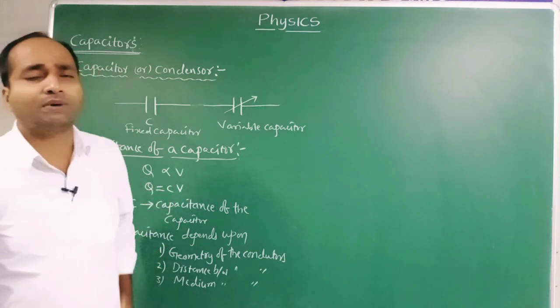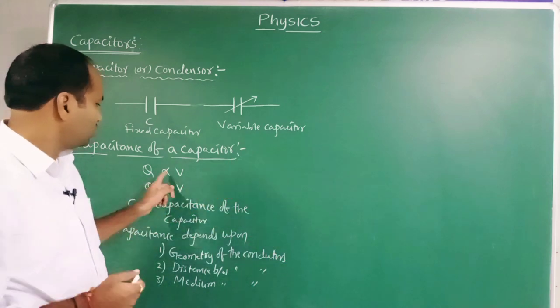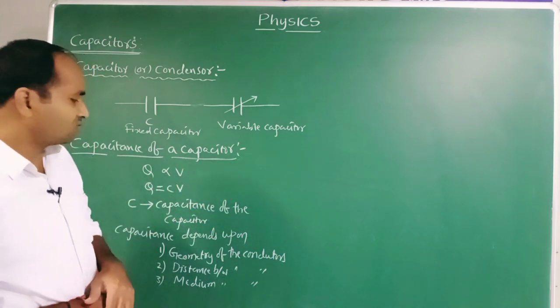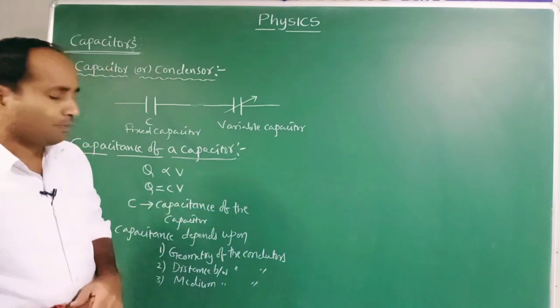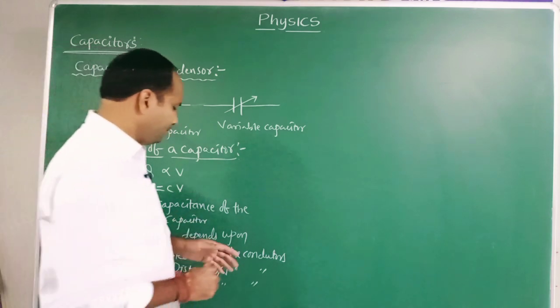The charge of the capacitor is directly proportional to the potential difference. Q is proportional to V, so Q = CV. The proportionality constant C is called capacitance.